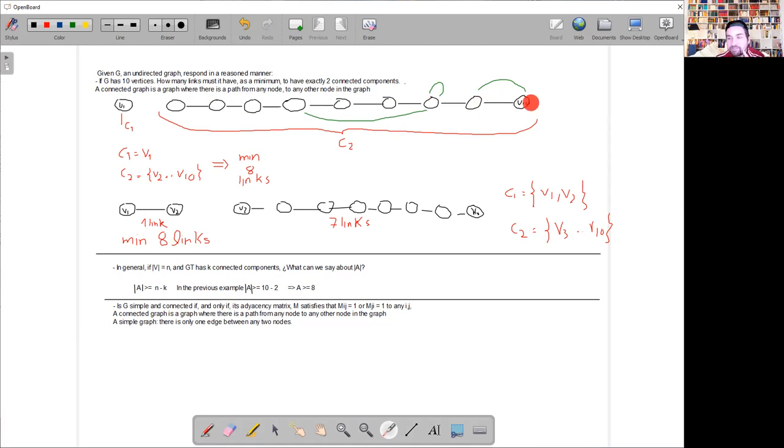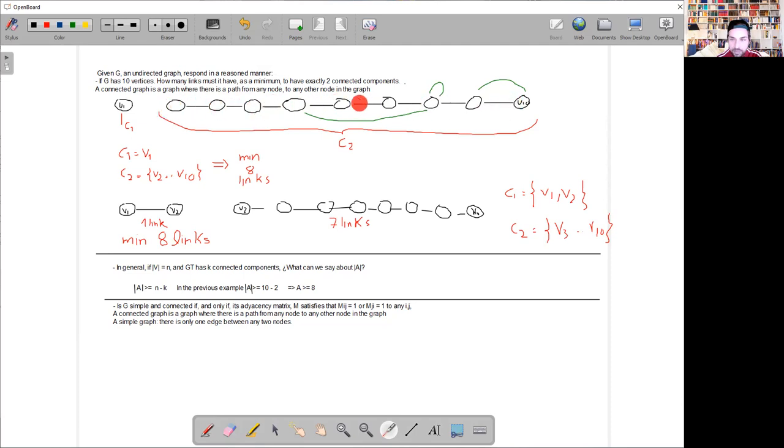For instance, the easiest in these cases is to look for a counterexample, right? So if we take this connected component, we can see how this is connected, right?